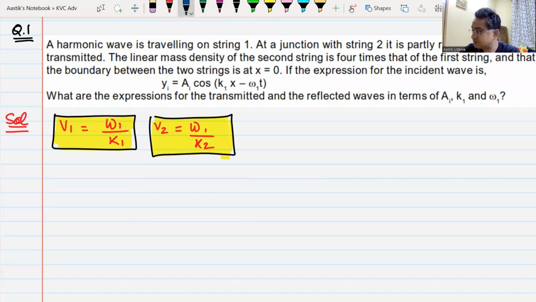This is a wave on a string. Did we read anything about the speed of wave on a string?